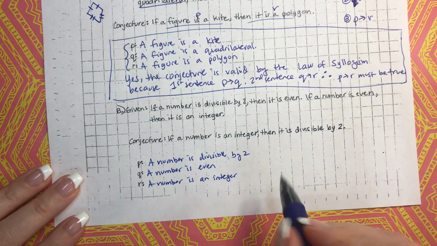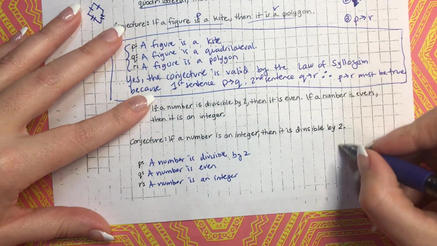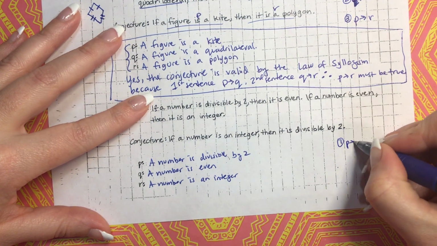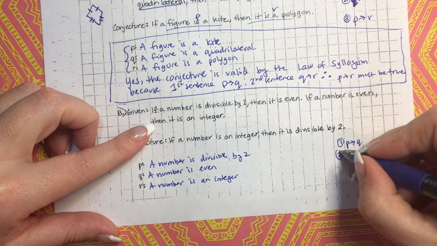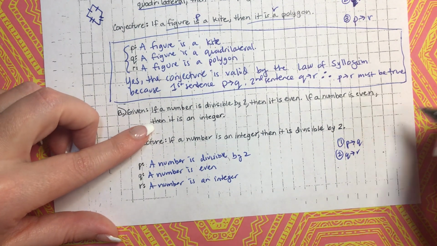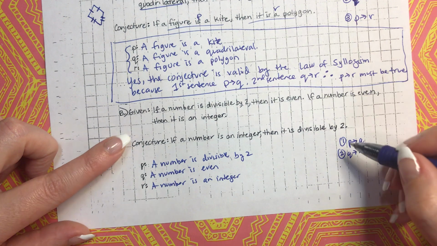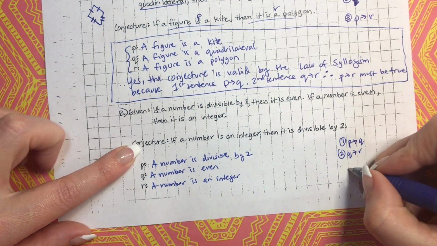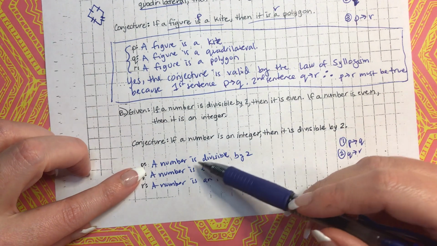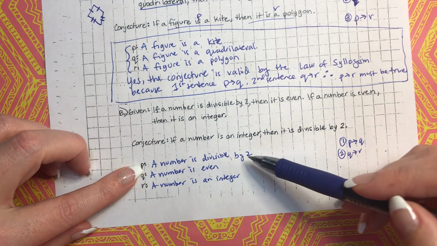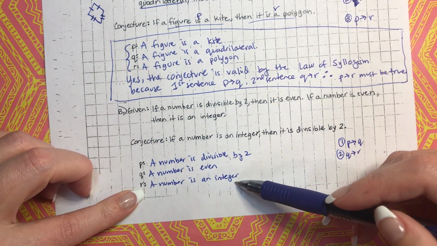Okay, so our first sentence is P to Q. That works. Our second sentence is Q to R, which works. So that means our third sentence must be P to R. If P, then R. So it should say, if a number is divisible by 2, then it is an integer.